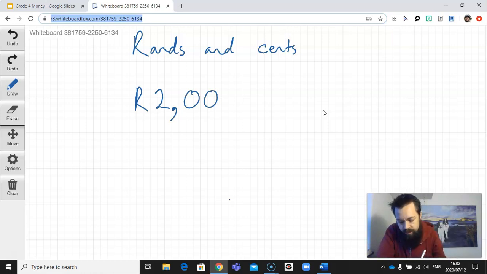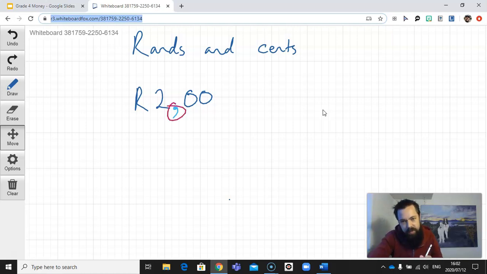Whatever comes after this comma is the cents part, and whatever comes before the comma is the rands part. And if we don't have any cents, then sometimes we just leave out that part altogether. Often you'll get a problem where one of the things has just rands and the other one has rands and cents. All right, so this comma is what I'm talking about with a decimal point. That is the decimal point.